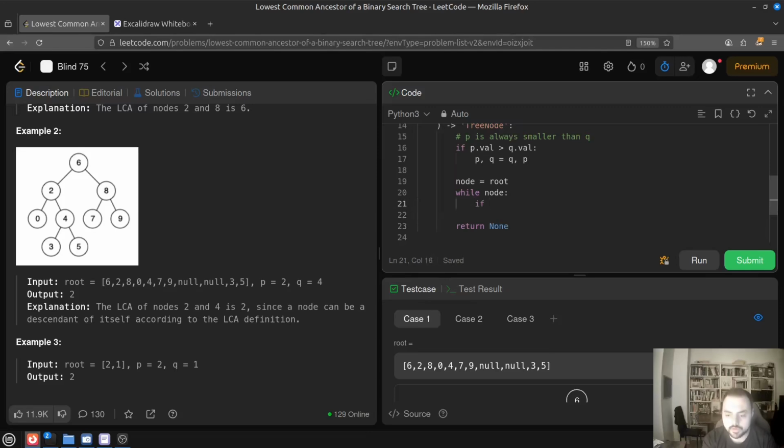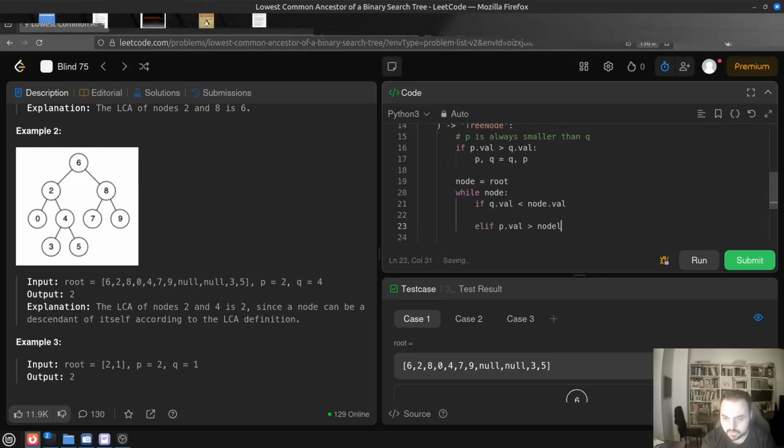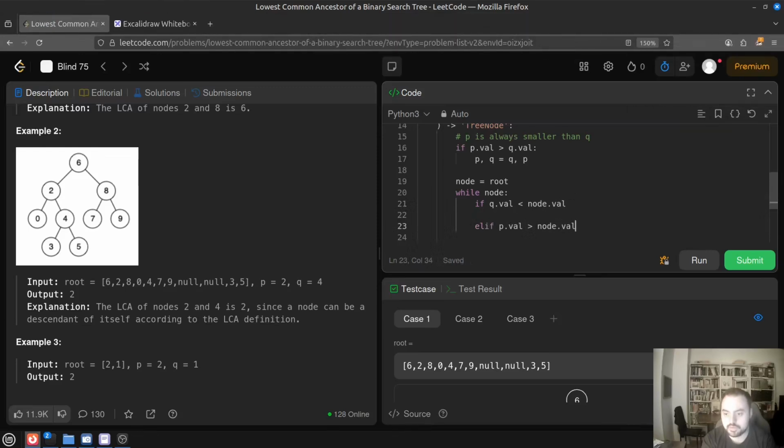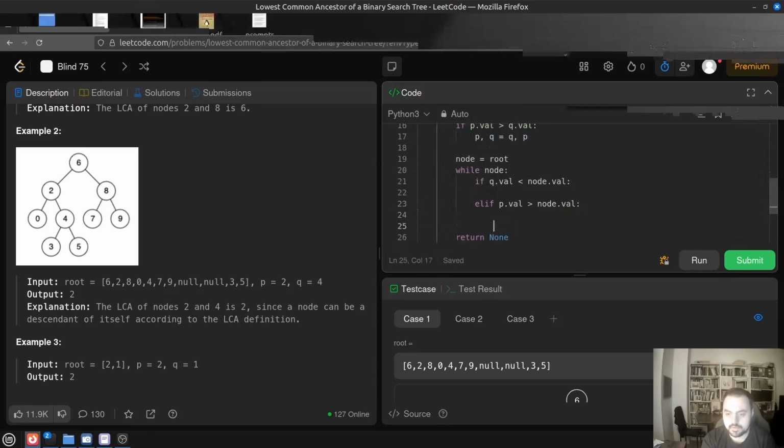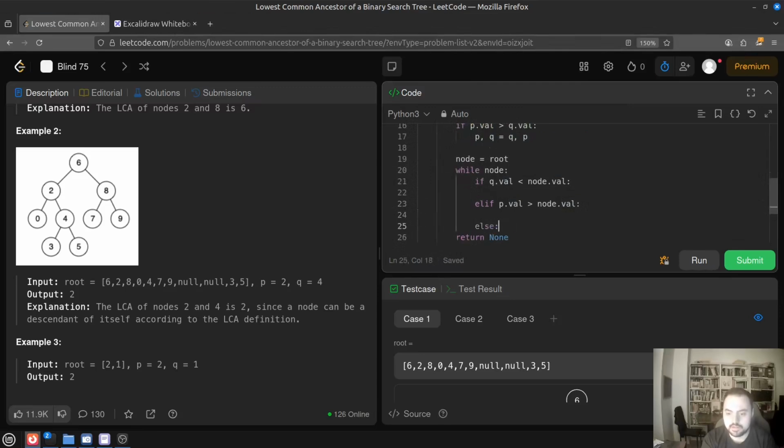And so now we have our 3 cases. If Q value is less than node value, if P value is greater than node value, and else we have found the LCA.